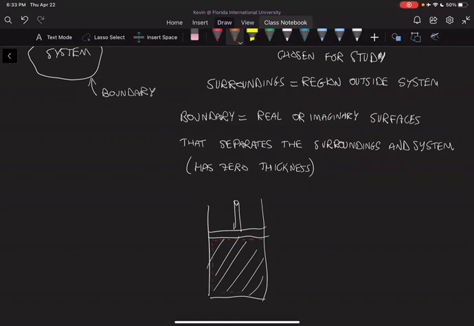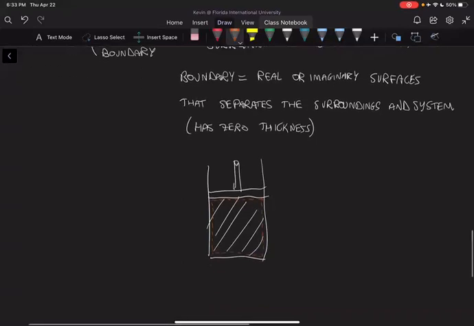If the boundary in orange is an imaginary surface that's against the walls of the piston, we could say, for example, if we start heating the piston, so let's say we add some heat to the piston cylinder assembly, we now have some heat coming in and crossing the boundary into the system.